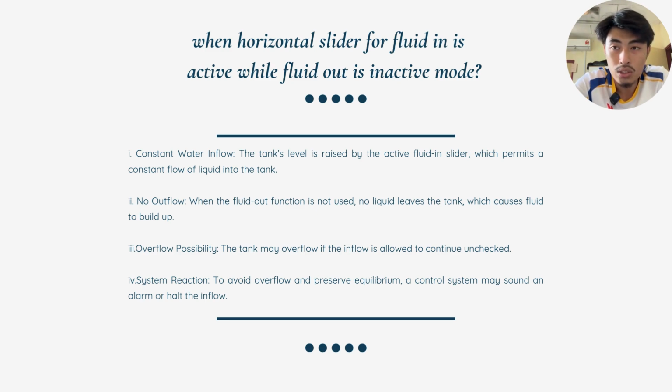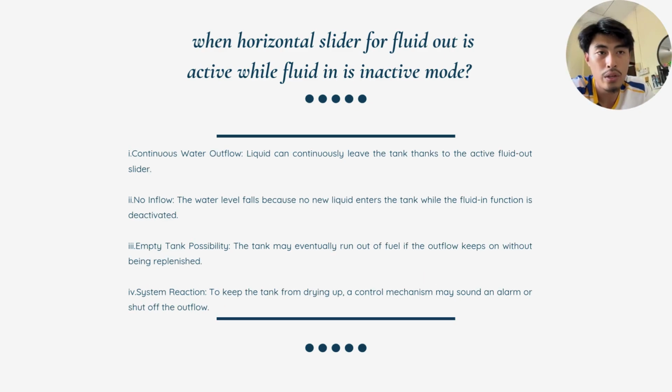Number 3 is overflow possibilities. The tank may overflow if the inflow is allowed to continue unchecked. Number 4 is system reaction. To avoid an overflow and preserve equilibrium, a control system may sound an alarm or halt the inflow.